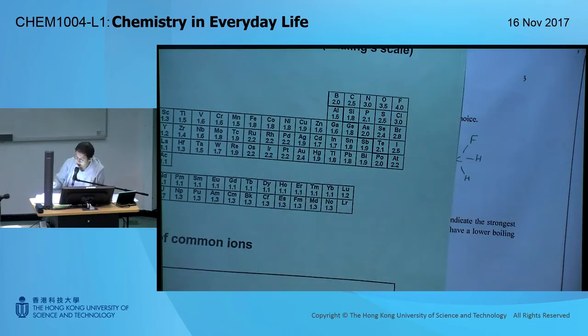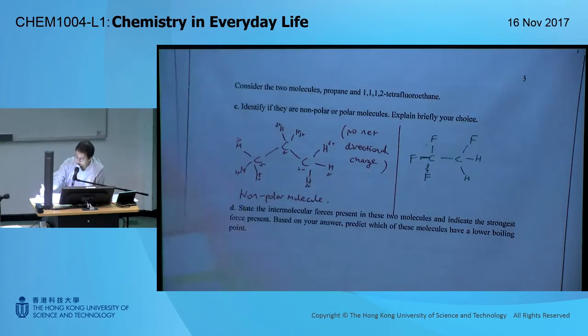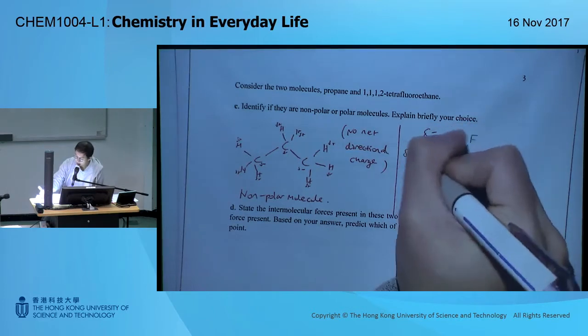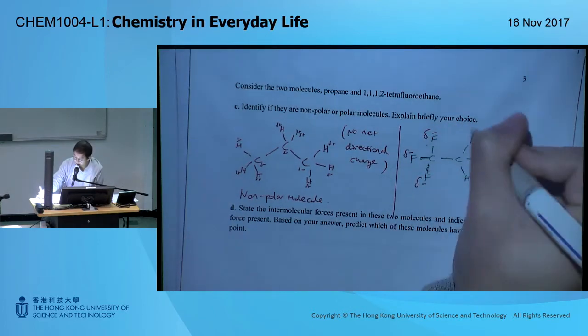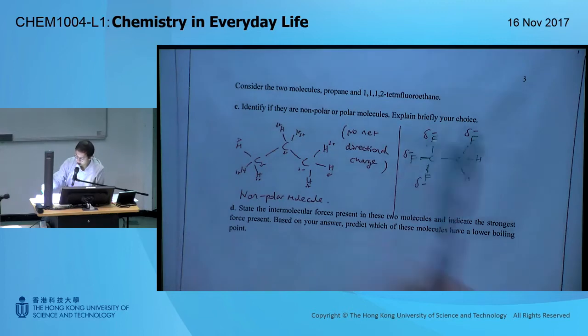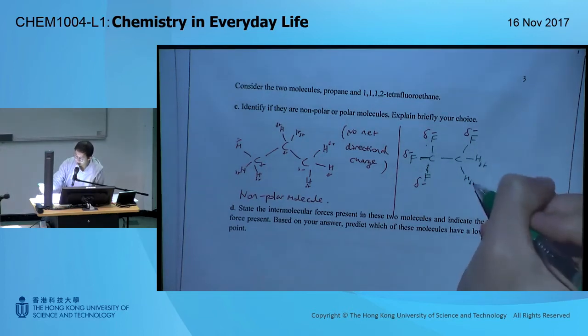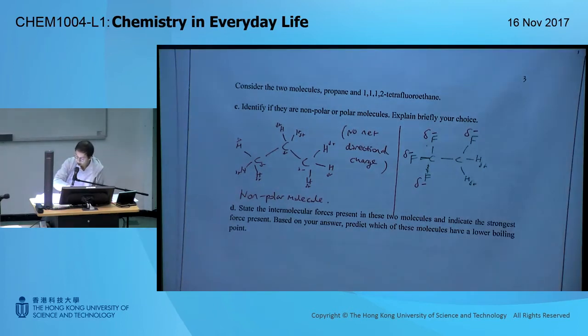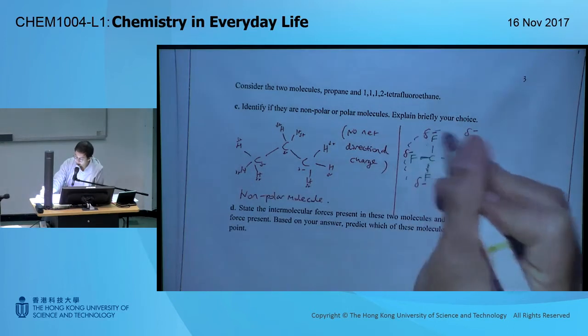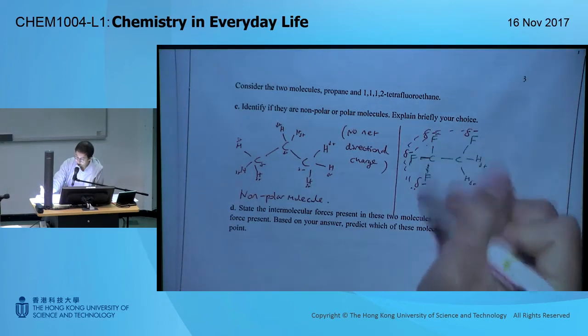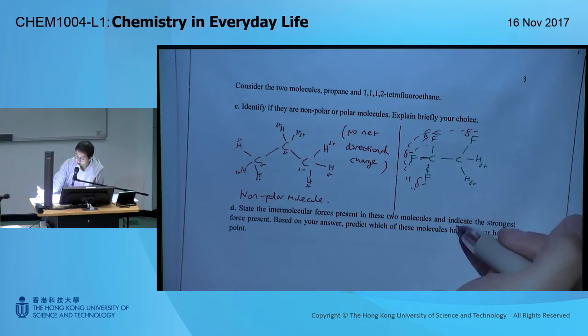It's the highest of all the elements. So there's a very large delta minus on the fluorines. Okay, but hydrogen is still slightly positive compared to the fluorine. So we definitely have a side which is more polar. This end of the molecule is more delta minus. This end is more delta plus. So there's a directional positive and negative charge.